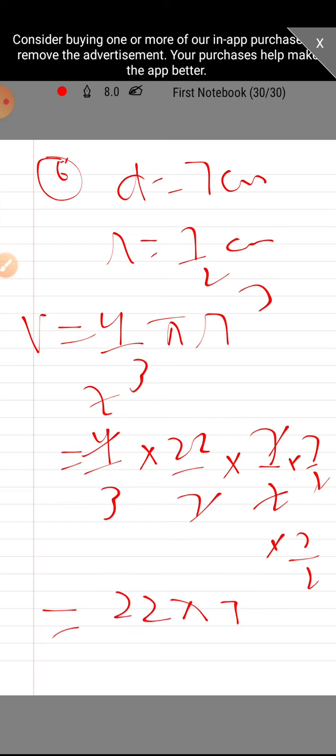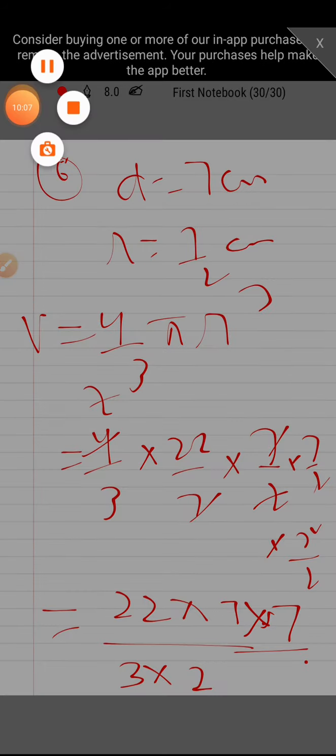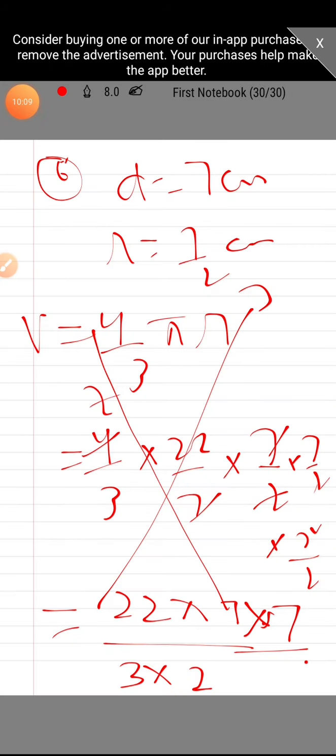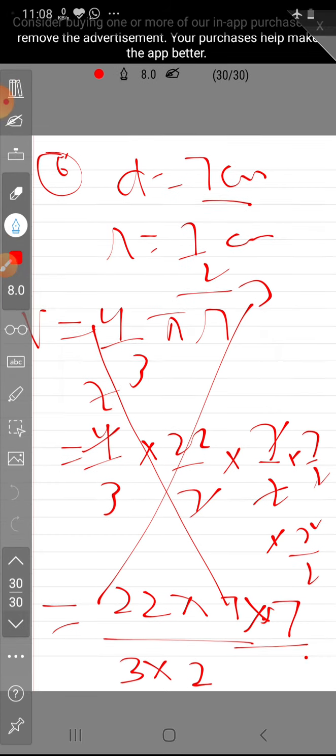Okay, there is some confusion, so I will recalculate it. Your diameter is given as 7, and your radius is this. So we will start calculating again.